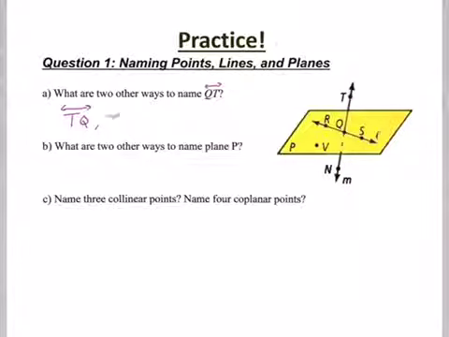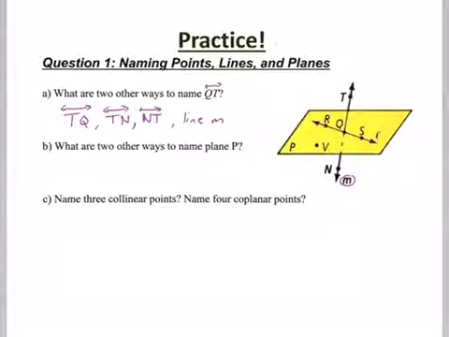So we could use TN or NT. Or in this case, we have the lowercase letter m there, so we could also say line M. All right, and there are other ways to name it. I'm just naming a few.